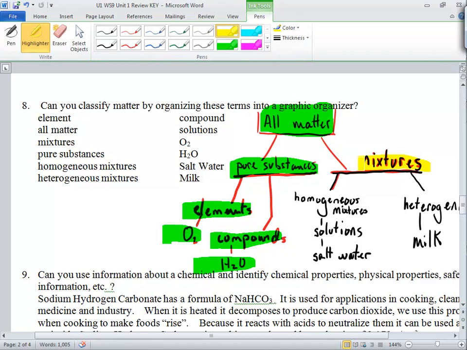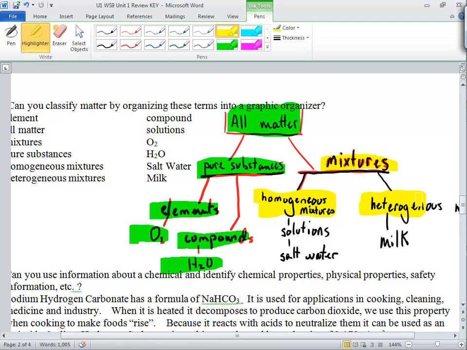Mixtures, on the other hand, there are two basic kinds of mixtures. Those that have the same consistency throughout, the homogeneous mixtures, and mixtures that are heterogeneous: concrete, chocolate chip cookies, mayonnaise, or milk, things that don't let light pass through.